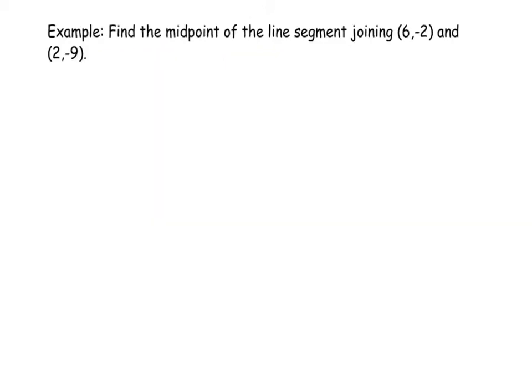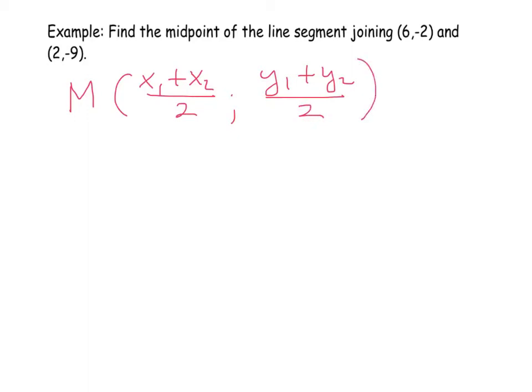We are going to find the midpoint of a segment that is joining points 6, -2 and 2, -9. So we are going to use our midpoint formula, which is x1 plus x2 divided by 2 and y1 plus y2 divided by 2, or the arithmetic mean between the endpoints.